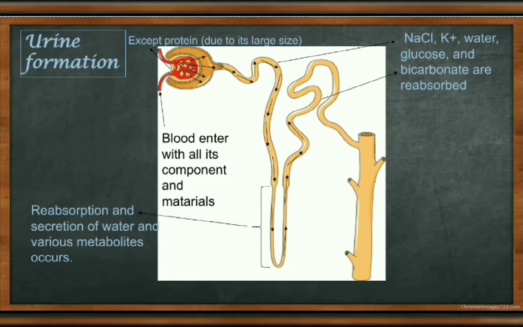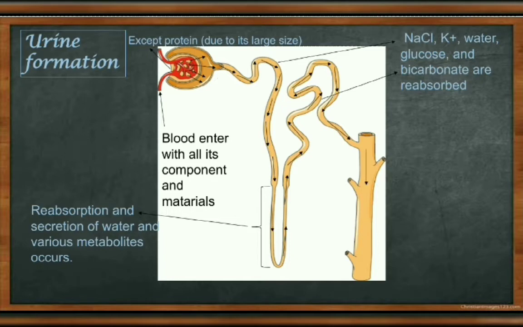So when it is transferred, the same things, sodium ion, potassium ion, sodium chloride, water, glucose and bicarbonate, are reabsorbed in the DCT also. So in this way it will be transferred.